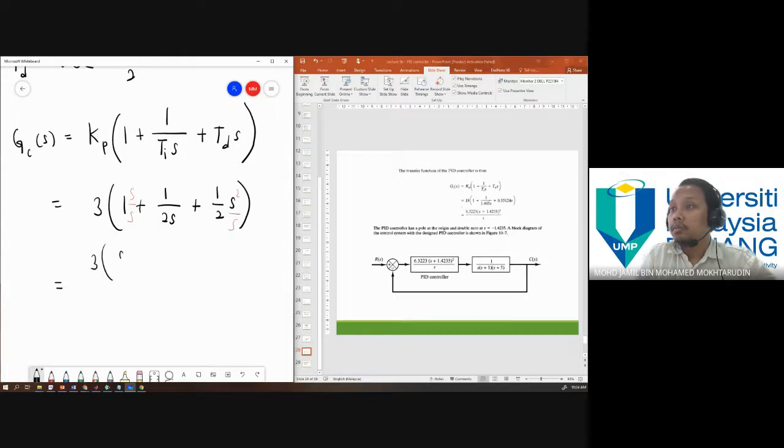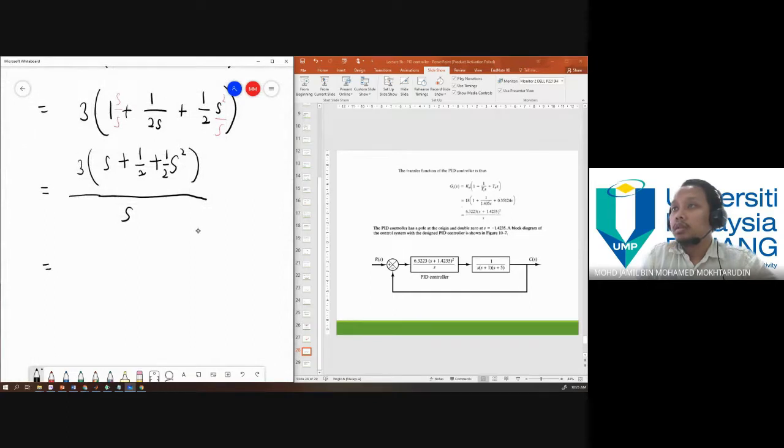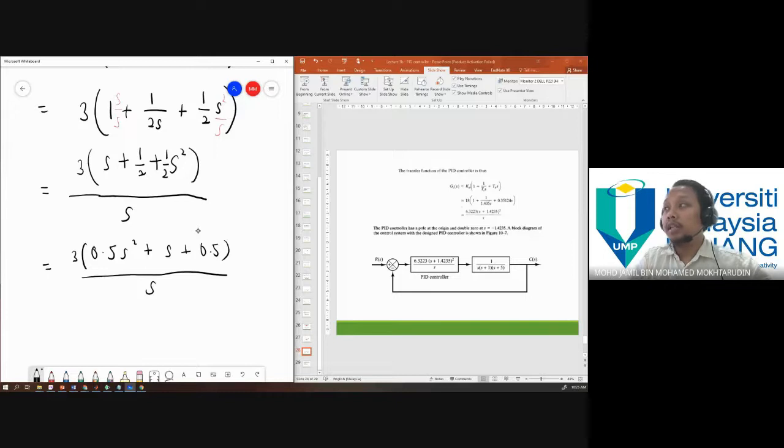So you get, so you can rewrite. Okay, so this is the transfer function for the PID controller.